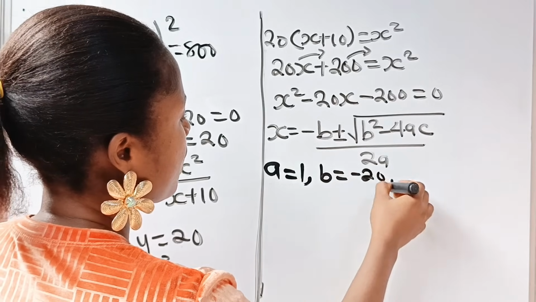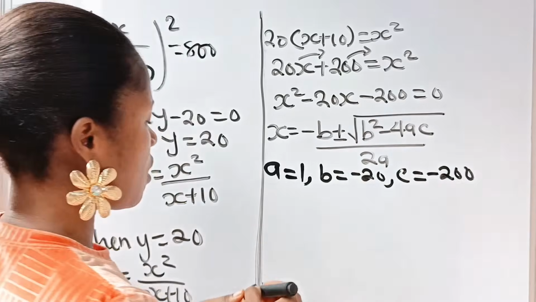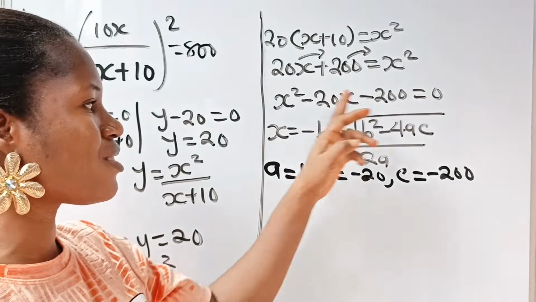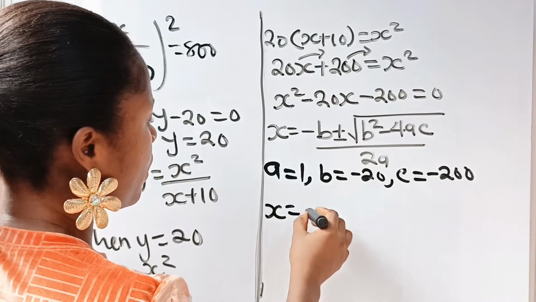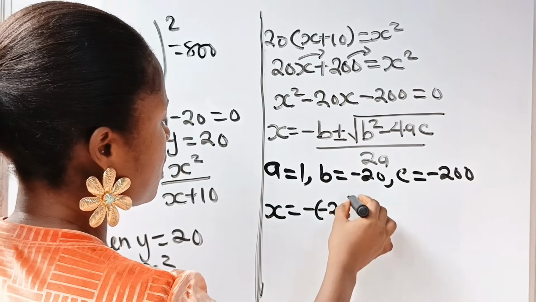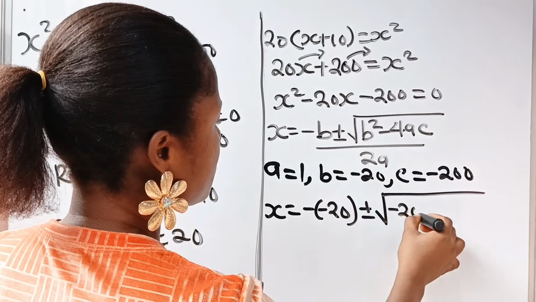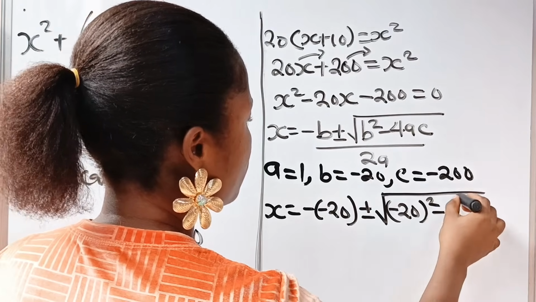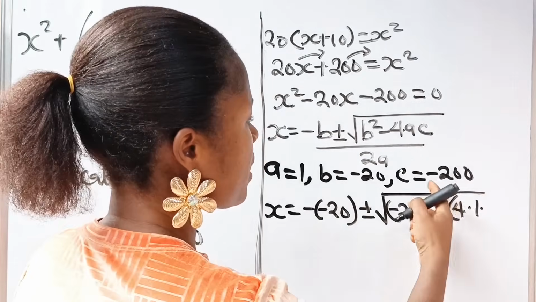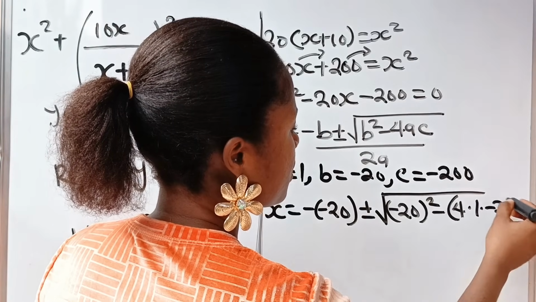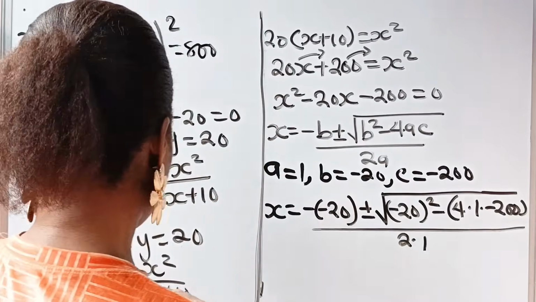In this case, our a is equal to 1, our b is equal to minus 20, and our c is equal to minus 200. So if we substitute this, we have x is equal to minus of minus 20, plus or minus square root of minus 20 squared minus 4 multiplied by a is 1, c is minus 200, everything divided by 2 multiplied by 1.